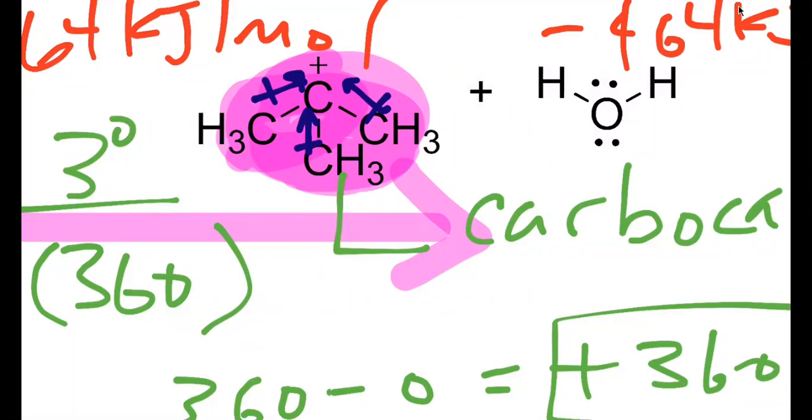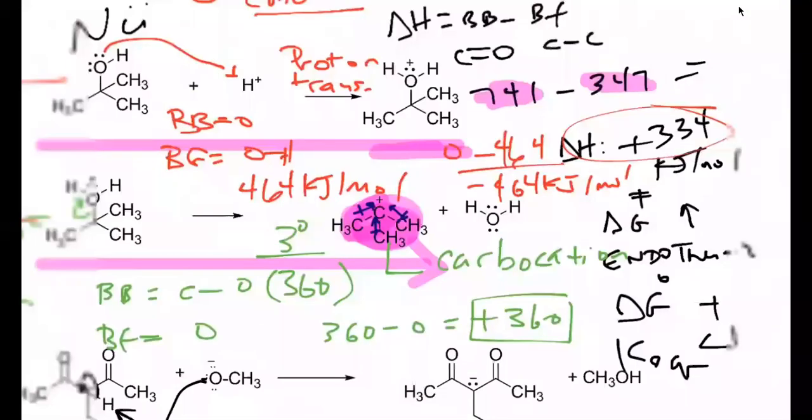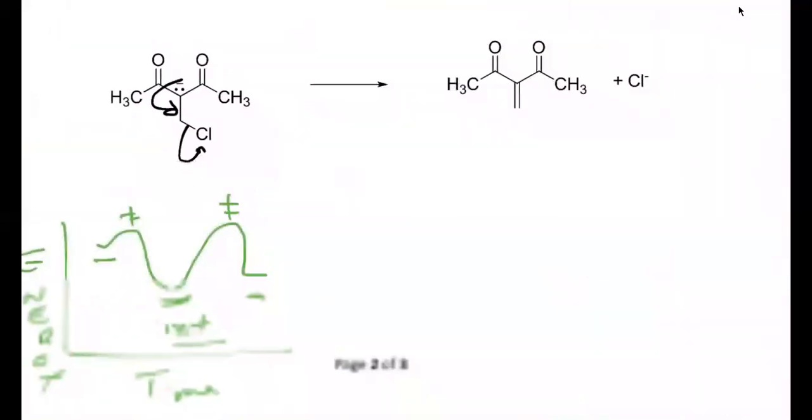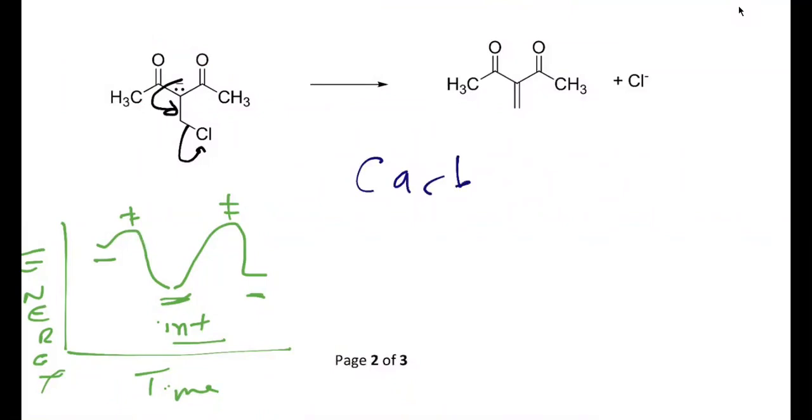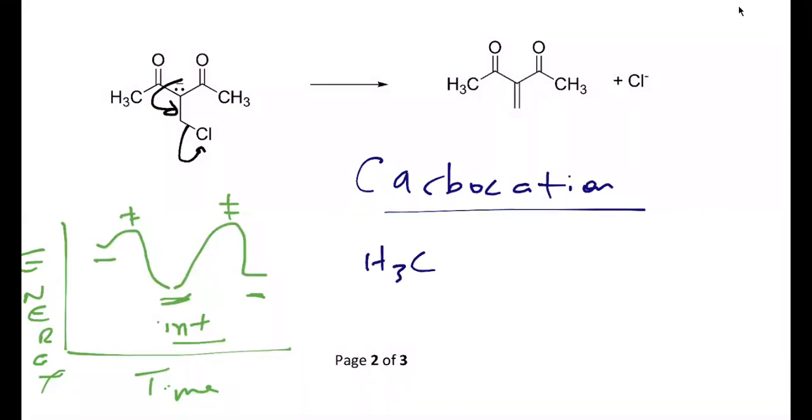What do you think the least stable carbocation would be? And we're going to end on that note. The primary one? Yeah, well, yeah. Okay, I agree with you there. But there's one that's even less stable than that, and it's called a methyl carbocation. So like just a CH3 with no carbons attached.